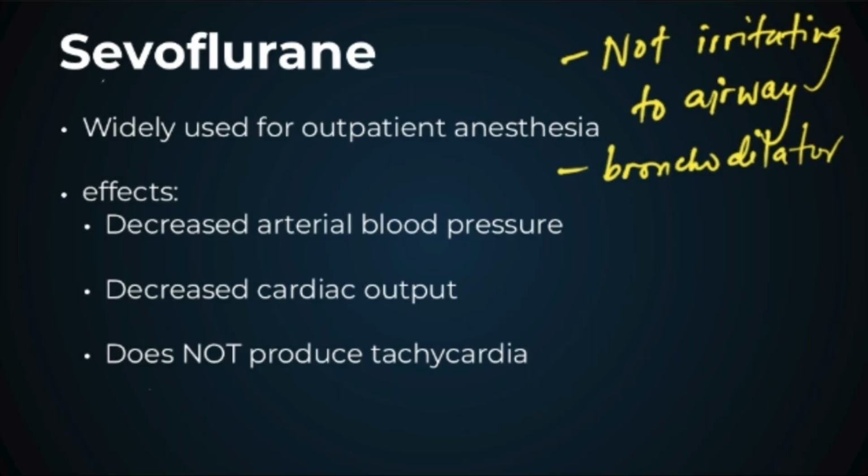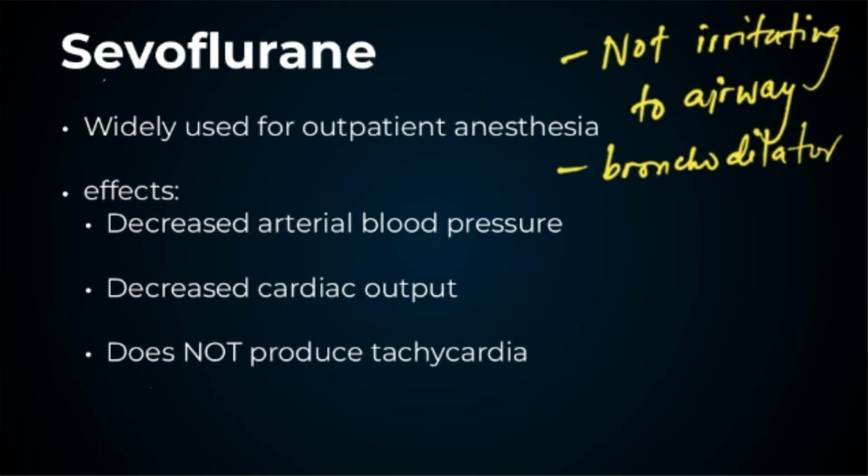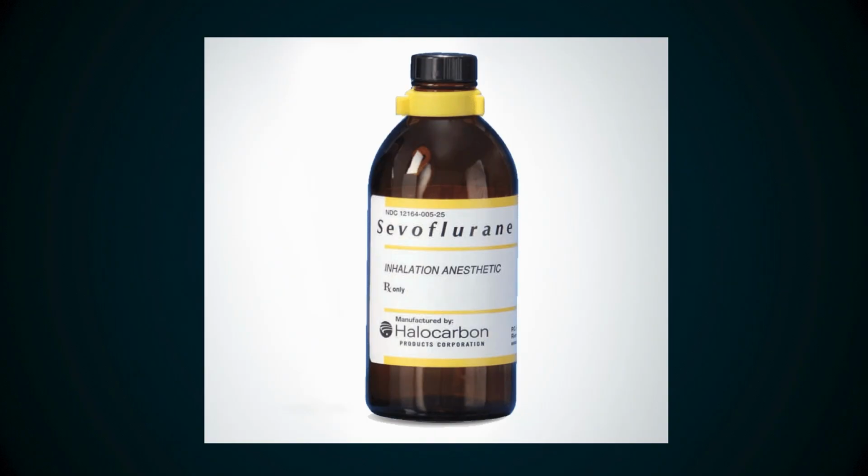It produces a concentration-dependent decrease in arterial blood pressure due to systemic vasodilation, and it also causes decreased cardiac output. However, it does not produce tachycardia, so that's why it may be the preferable agent in patients who are prone to myocardial ischemia.